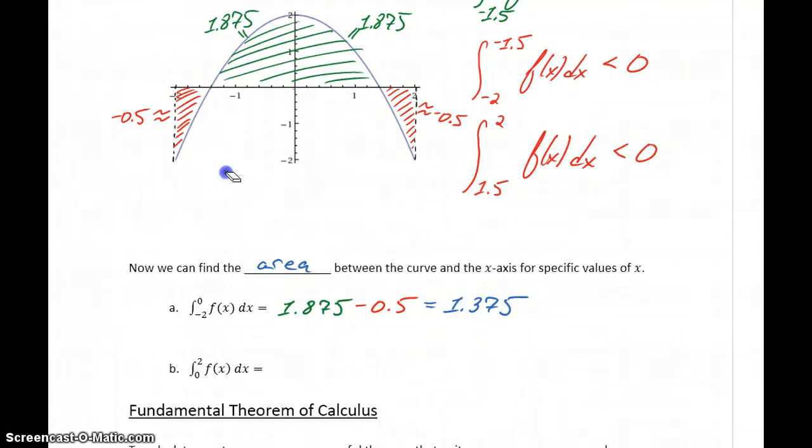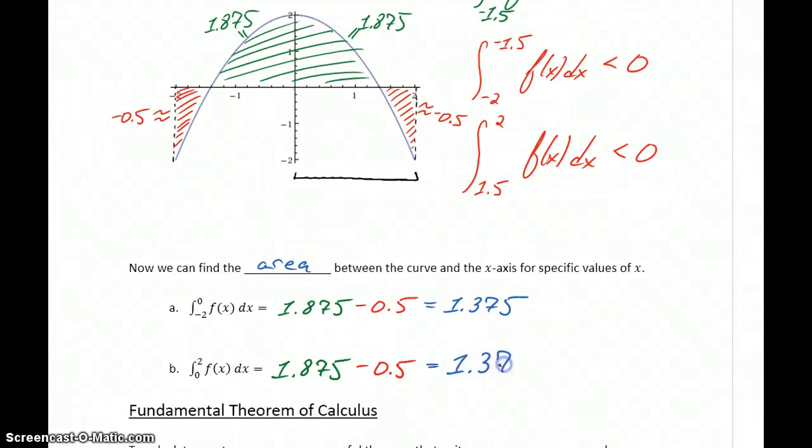Similarly, in part B, if we want to integrate from 0 to 2, now we're just looking at values of x from x equals 0 to x equals 2. And now we just need to add any areas that occur over that range. In this case, we have the exact same values occurring. So we have 1.875 minus the 0.5 is going to be equal to, again, 1.375.